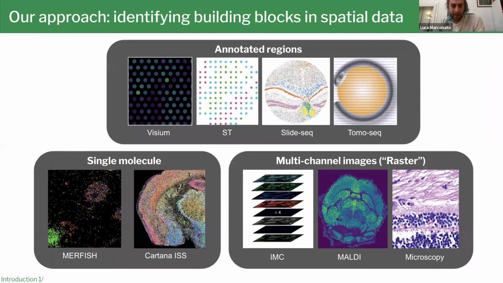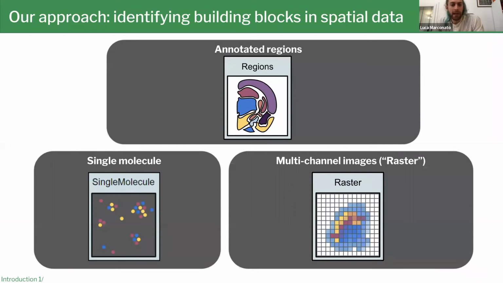So what we see is that each of these groups is basically one single object. We don't want to introduce different classes for different technologies. We want to introduce these 3 building blocks, named annotated regions, single molecule, and raster.